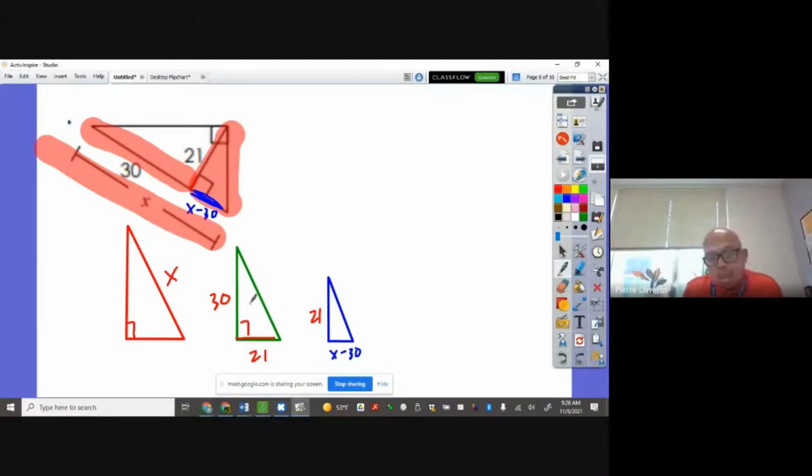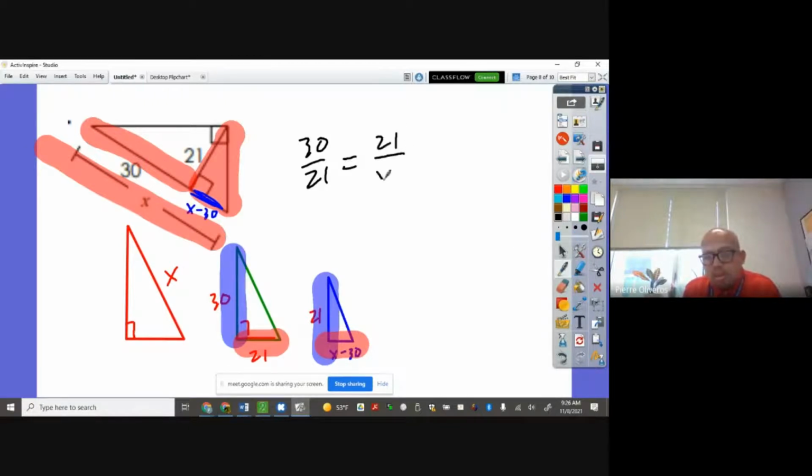So now I can find the corresponding sides, and I know that this 30 here matches with this 21, so that will be 30 over 21, and I know that this side here 21 matches with x minus 30, so this is 21 over x minus 30, and I can cross multiply them. I got 30 times x minus 30, and this is 21 squared, right?